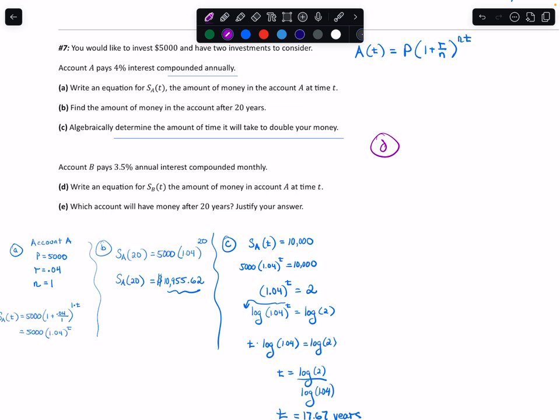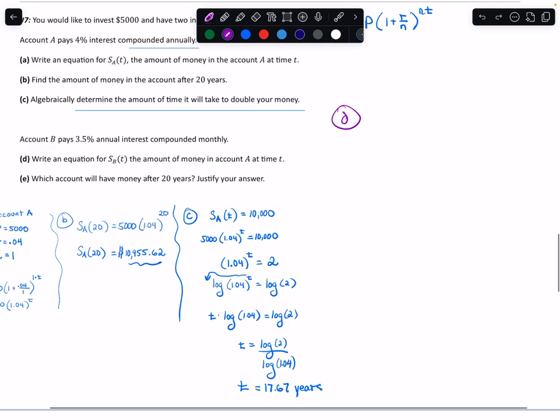Account B pays 3.5%, so its interest is lower, but it is compounding monthly, right? So you might think well, it's 0.5% less in interest, so maybe because it's compounded so much more frequently, maybe I'll get more money. Well, let's find out, right?